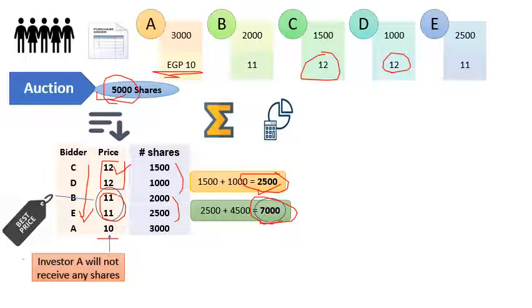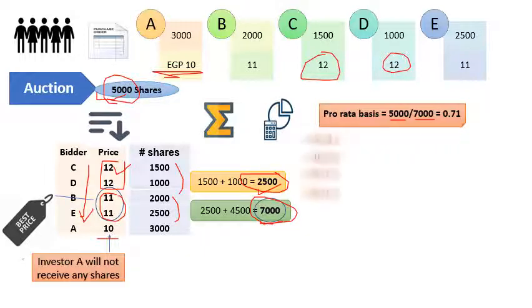So we will use a pro rata basis by dividing the number of shares offered over the number of shares requested. So the ratio will be 0.71 or 71%, which means that each winning investor will receive only 71% of what he or she requested.